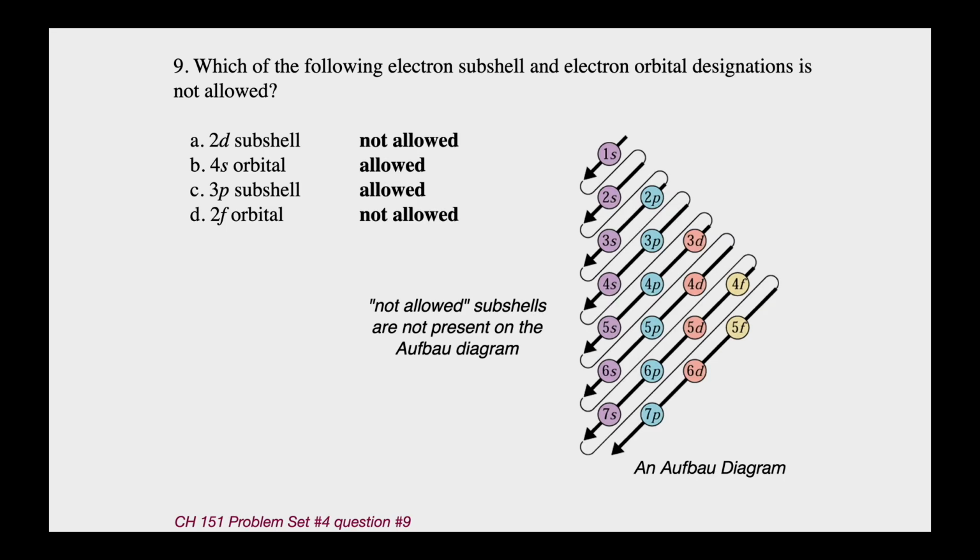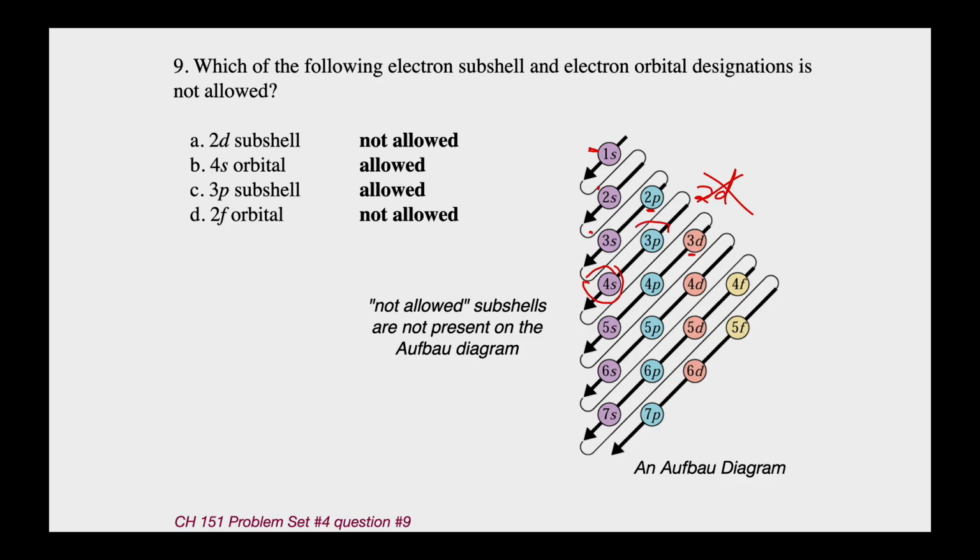Now this is an Aufbau diagram. It starts by having 1s and then 2s under it, 3, 4, 5, 6, etc. Then you go down by 1 and start p's, 2p, 3p, 4p, 5p. Then you go down by 1 and start d's, etc., etc. So notice that there is no 2d. Like 2d would be right there. That's not going to happen. There is a 4s, so that's allowed.